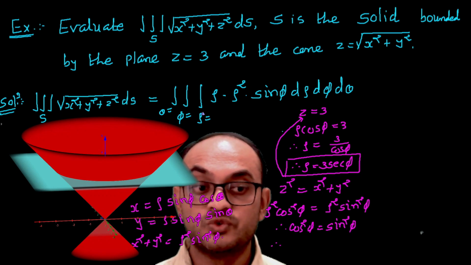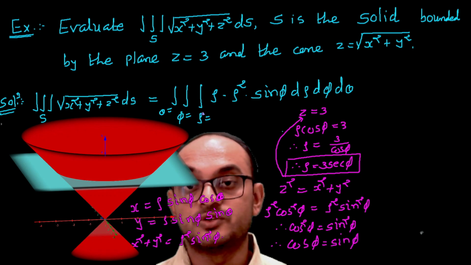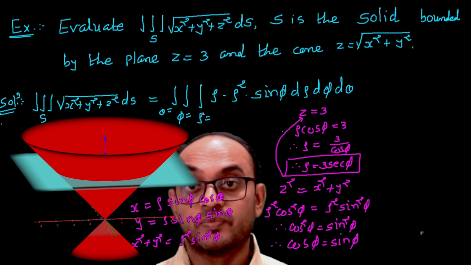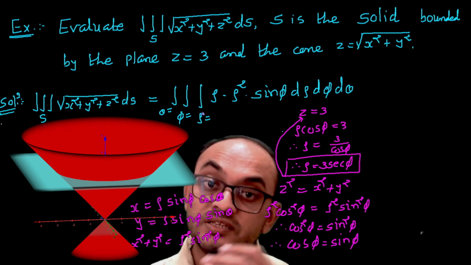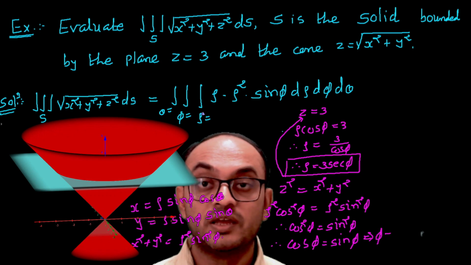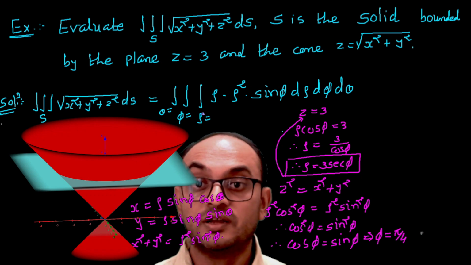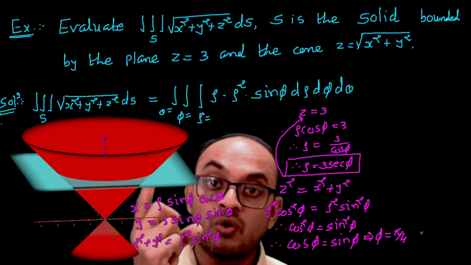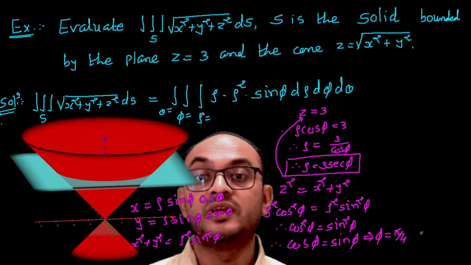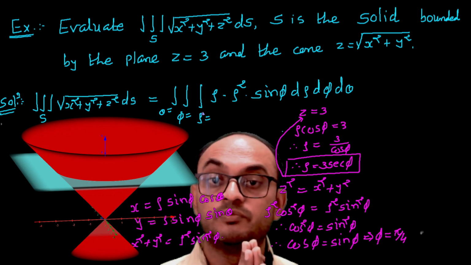So I have two situations. Either cos phi is equal to sine phi, or cos phi is equal to minus sine phi. Now when cos phi is equal to sine phi, what is phi? Phi is equal to pi by 4. Clear? The angle where cos and sine both have the same values, and therefore phi is equal to pi by 4.